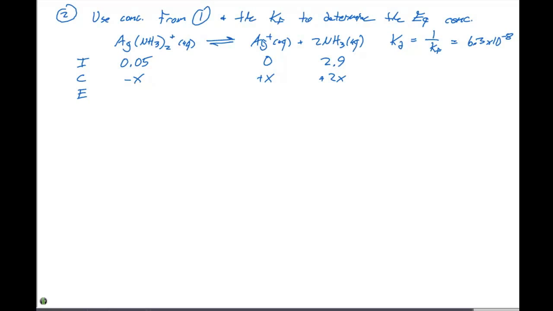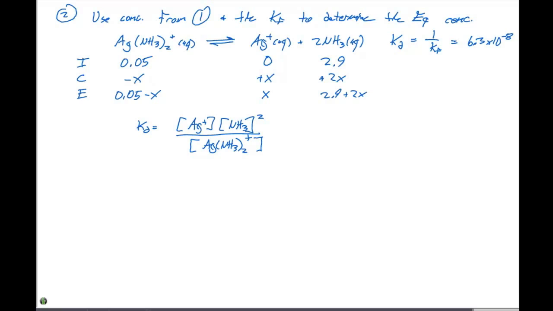So our equilibrium concentrations are going to be 0.05 minus X for our complex ion, X for the concentration of silver, and 2.9 plus 2X for our concentration of ammonia. We can now set up the Kd expression, and that's going to be equal to the concentration of silver plus times the concentration of NH3, that quantity squared, divided by the Ag(NH3)2 plus complex ion.